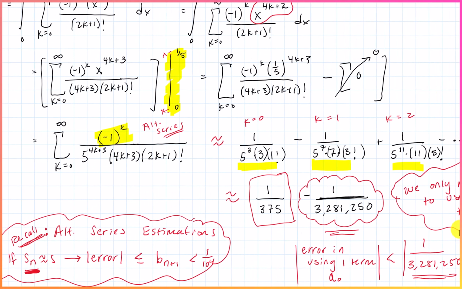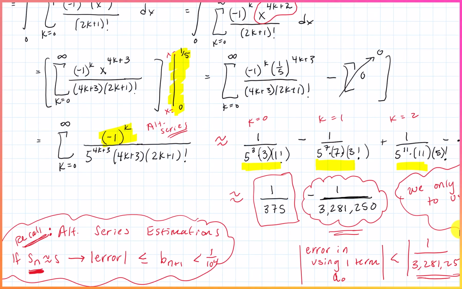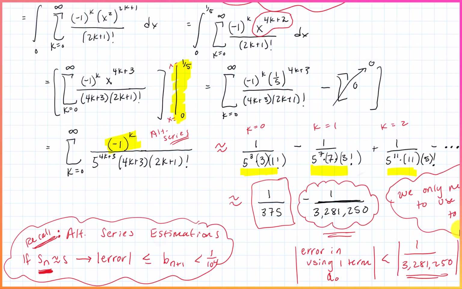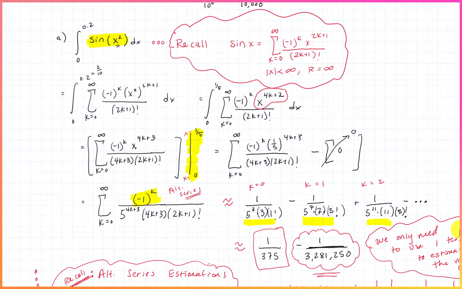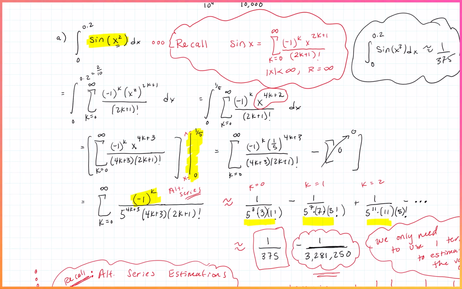So in fact, if we go all the way back to where we started, the value of this integral from 0 to 0.2 of sine of x squared dx is approximately 1 over 375. And that is within 1/10,000th of the actual value.